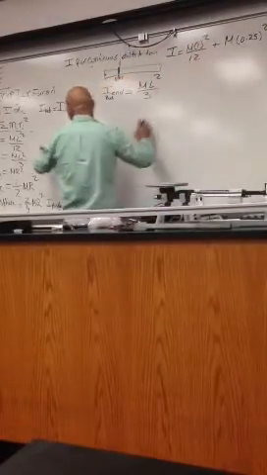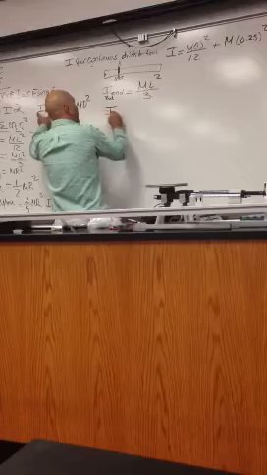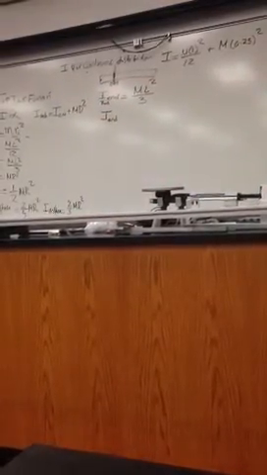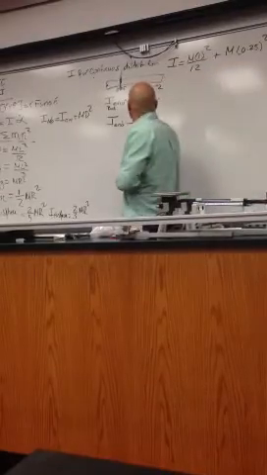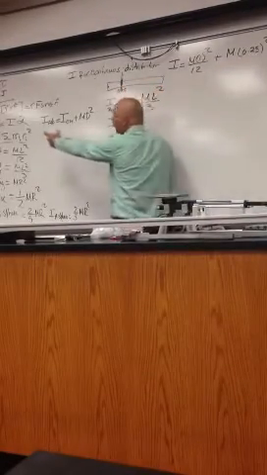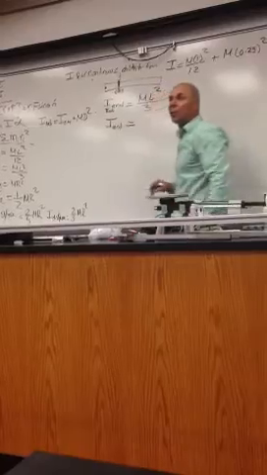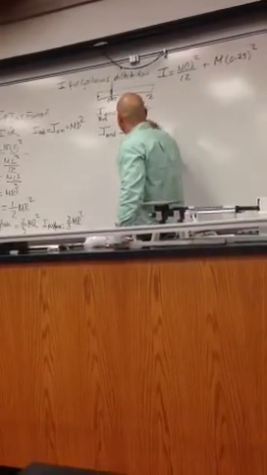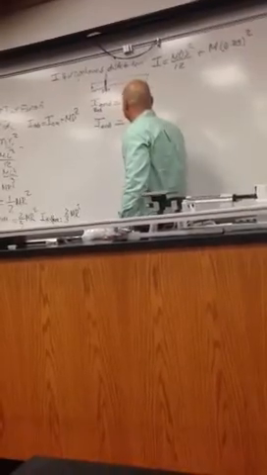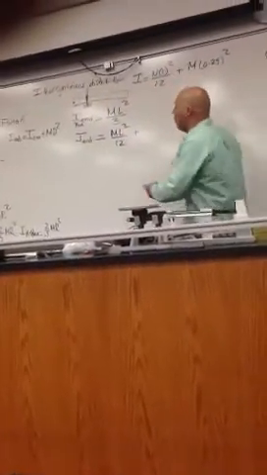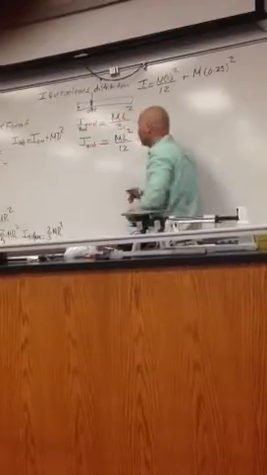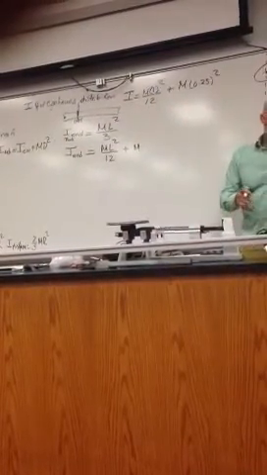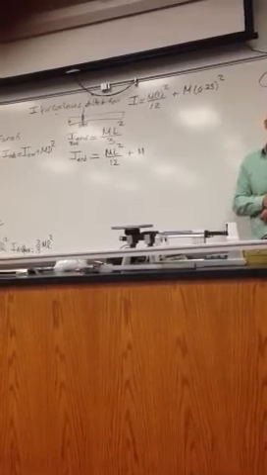So I will prove this with the parallel axis theorem. I will come here and say, okay, I with respect to the end is my arbitrary axis. It's not the center of mass. So according to the parallel axis theorem, what will be ICM for the rod? ml squared over 12, plus, and now we have the mass, and what is the distance from the end to the center of mass?